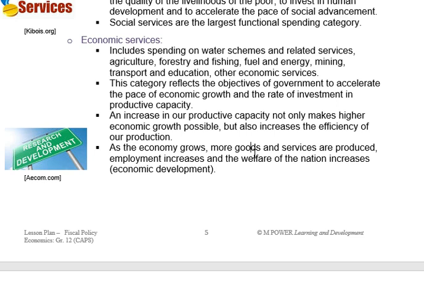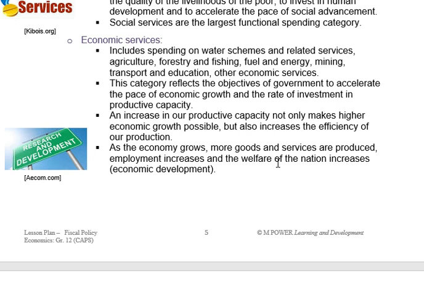You'll see this last point here. If the economy grows, we will discuss this in Module 3 a lot, but we have to have economic growth first before we can have economic development. Economic development means that there's an increase in the standard of living of the general population. When the economy is growing, more goods and services are produced. Remember, economic growth means there's an increase in the GDP, so we have produced more this year compared to last year.